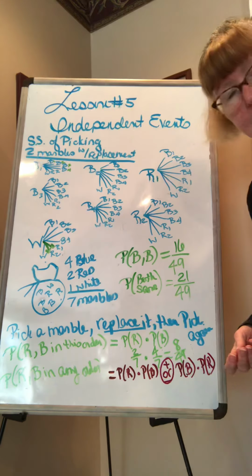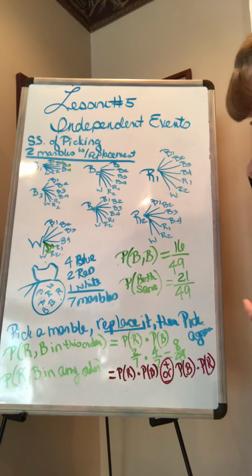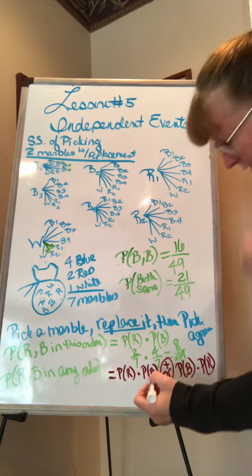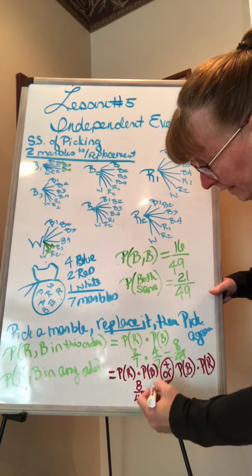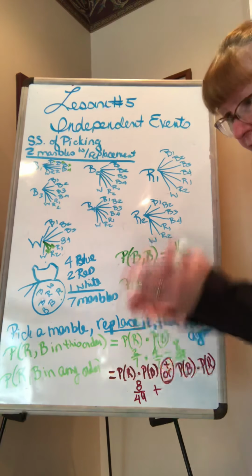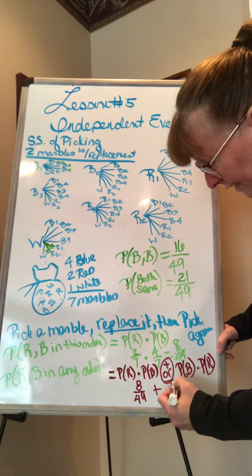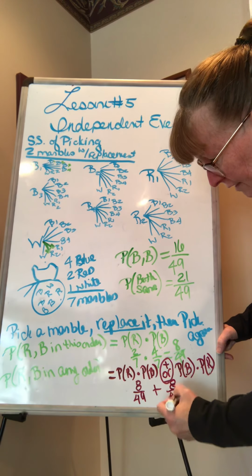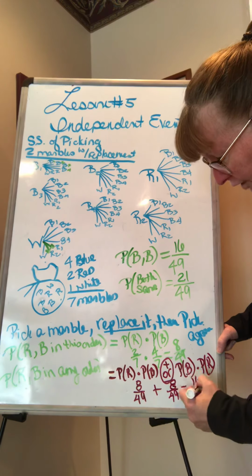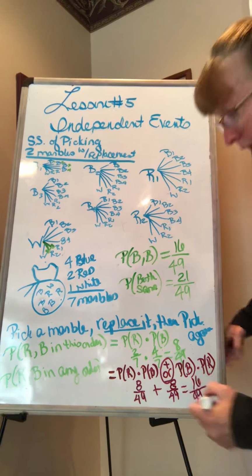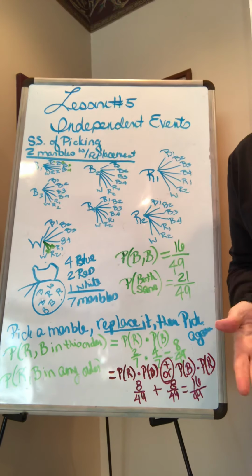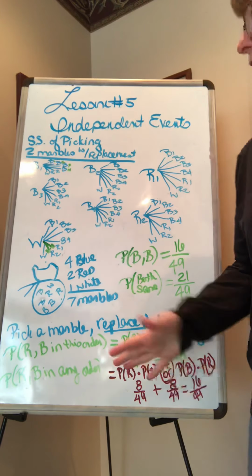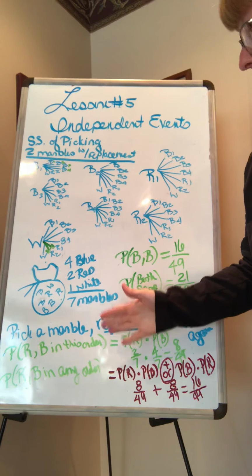And is multiplication of probability, but or is addition. So I already know that this one is 8 out of 49 from above, and multiplication is commutative, so this guy over here is 8 out of 49. So this is now 16 out of 49, red or blue in any order. So you definitely want to be reading this very, very carefully. And these are all independent events.